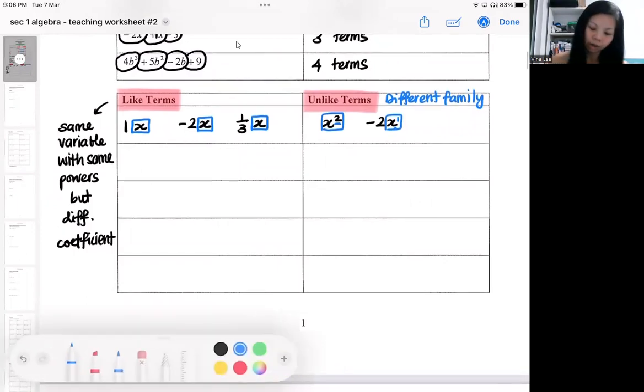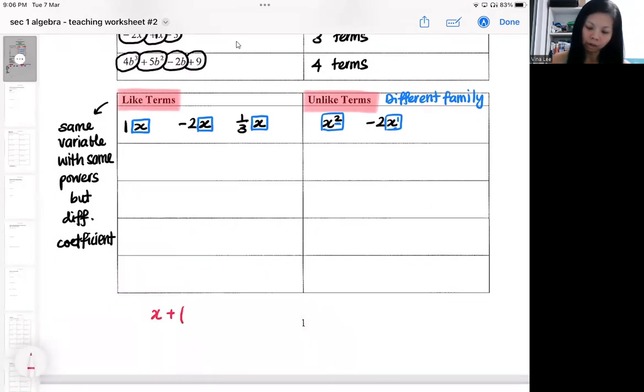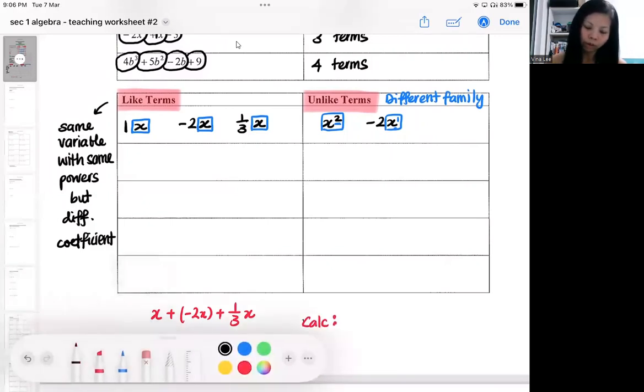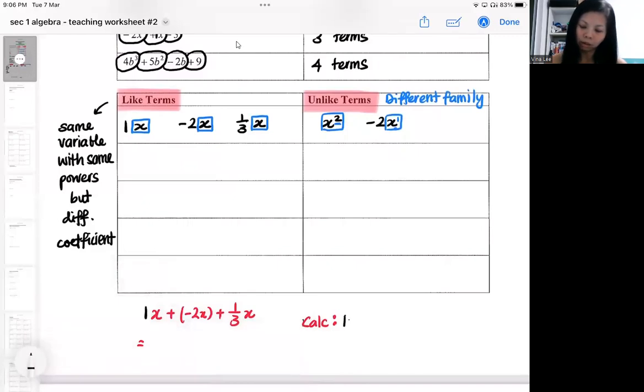So in this case, I can add x plus -2x plus 1/3 x. I can add them up. And how do I add them up? I can punch the calculator with the coefficients 1 plus -2 plus 1/3.